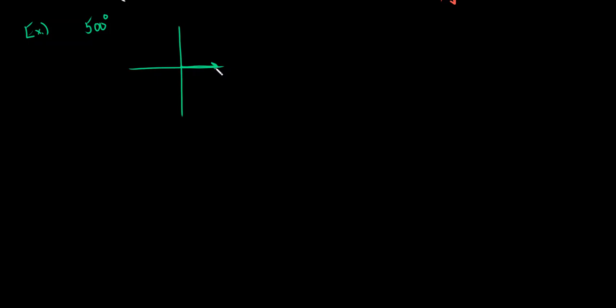My initial side is on the positive side of the x-axis, and now I would rotate. So I would go 90, 180, 270, 360. So I've done one complete rotation around 360 degrees, but I still have another 140 to go. So I'd go another 90 degrees. Now I'm at 450. Now I go another 50 degrees, right around there. And this is where I would end up.